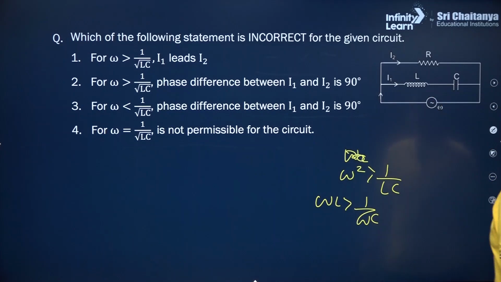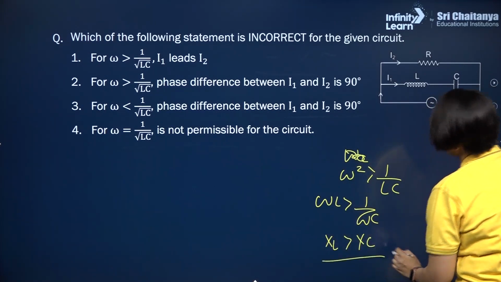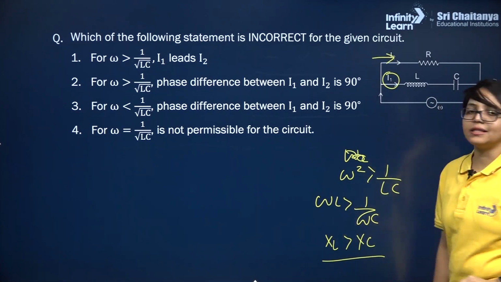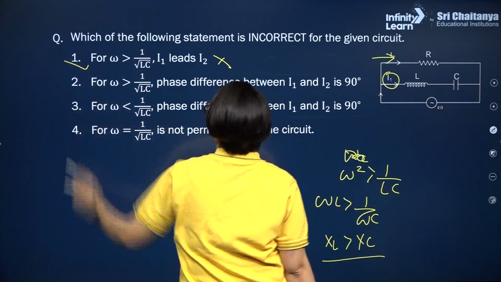So XL is greater than XC. If XL is greater than XC, then I1 is lesser than I2. So the statement that current I1 leads I2 is wrong over here. So the correct answer is option 1.